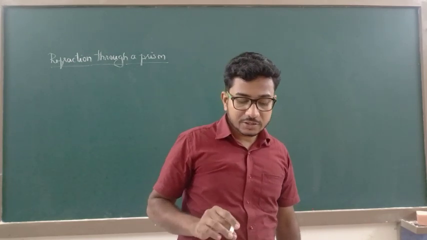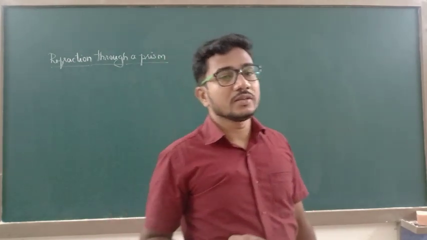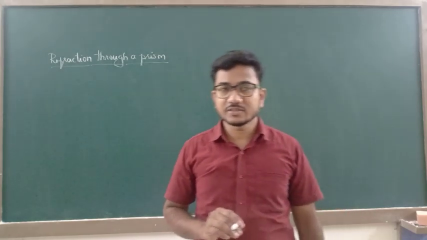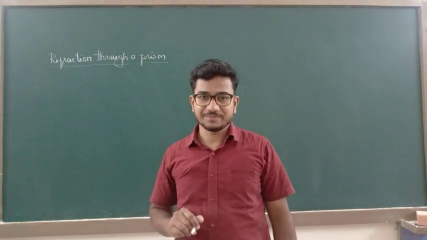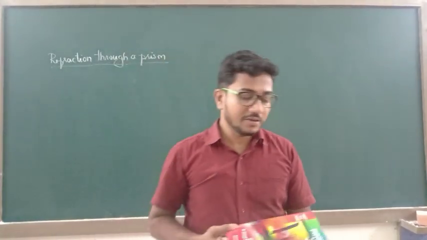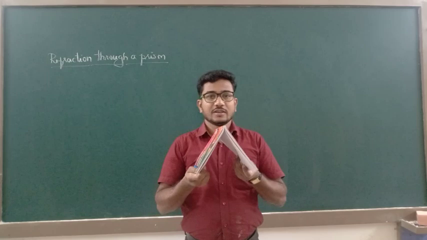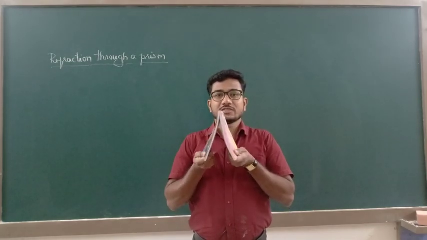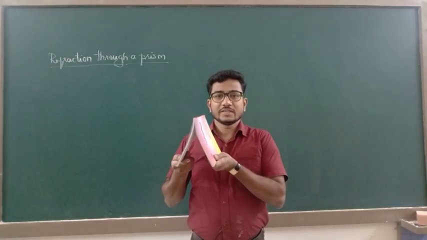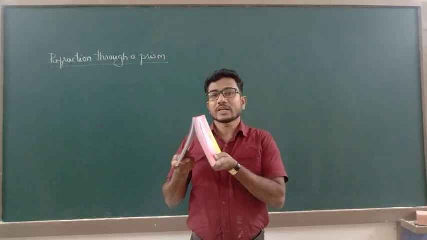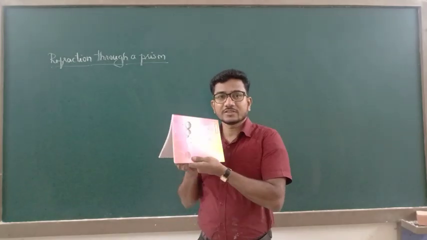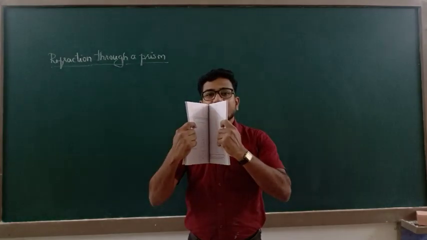So this prism is made up of 3 rectangular faces and 2 triangular faces. For example, you just observe this one, like this. So this is like a prism. It is made up of one rectangular face, another rectangular face, base, another rectangular face.